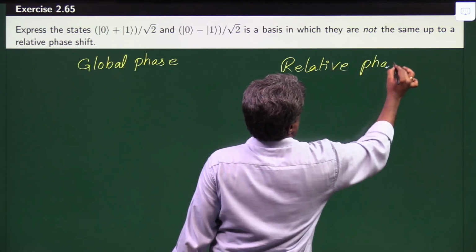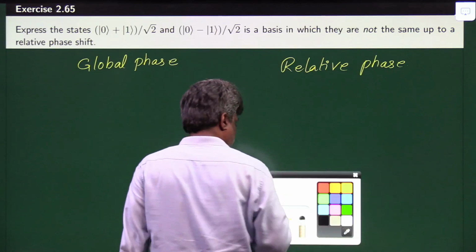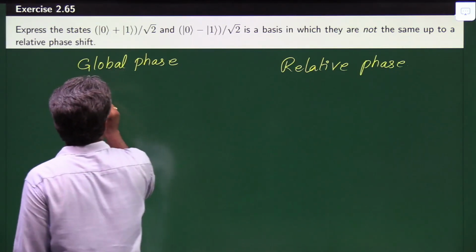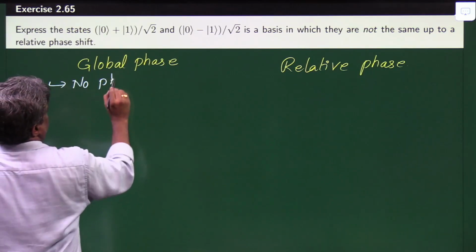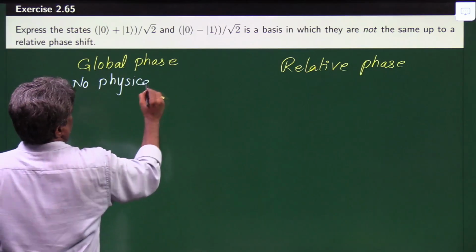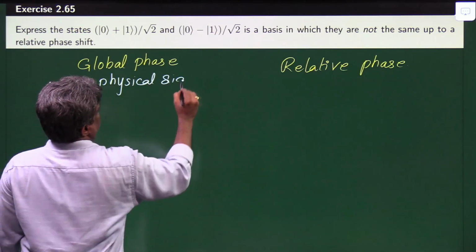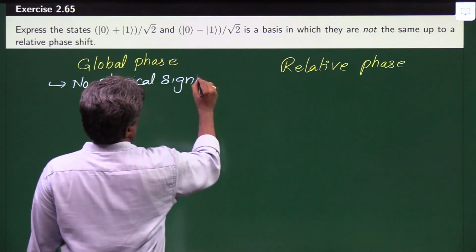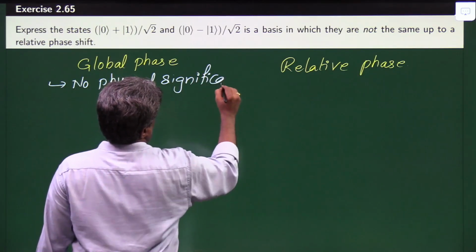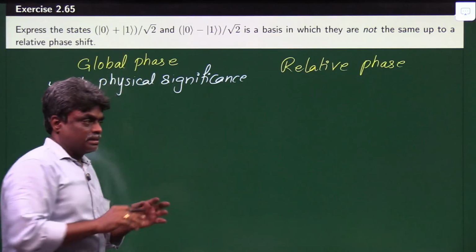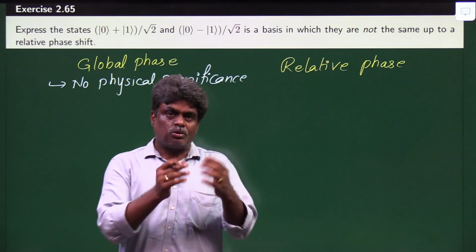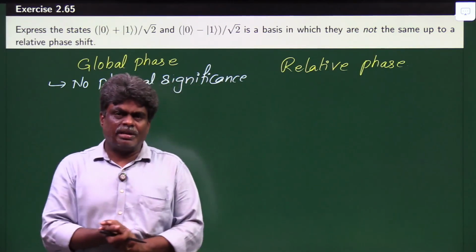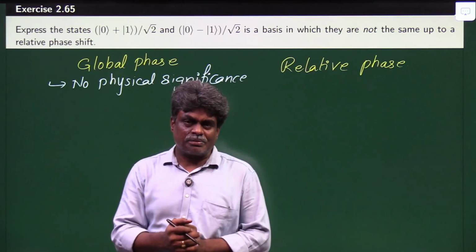So what is the difference between these two? Remember, a global phase has no physical significance. The reason is, for example, you have two states, let us say psi 1 and psi 2, that differ by a global phase, let us say phi or gamma, whatever it is.